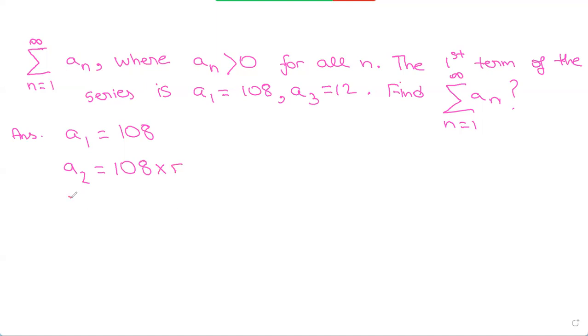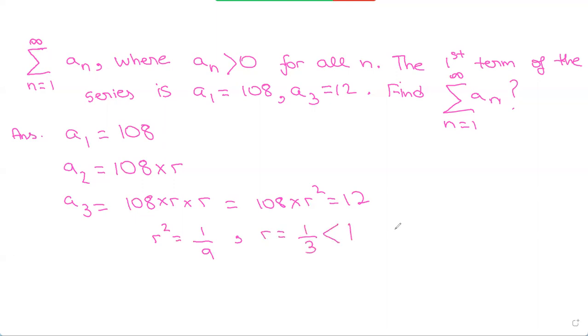And then the third term would be the second term, which is 108 times r, times the common ratio. So this would be 108 times r squared. And we know that the third term is equal to 12. So now we can find our r value easily. So r squared is 1 over 9. Therefore, r would be equal to 1 over 3, which is less than 1. So it converges.